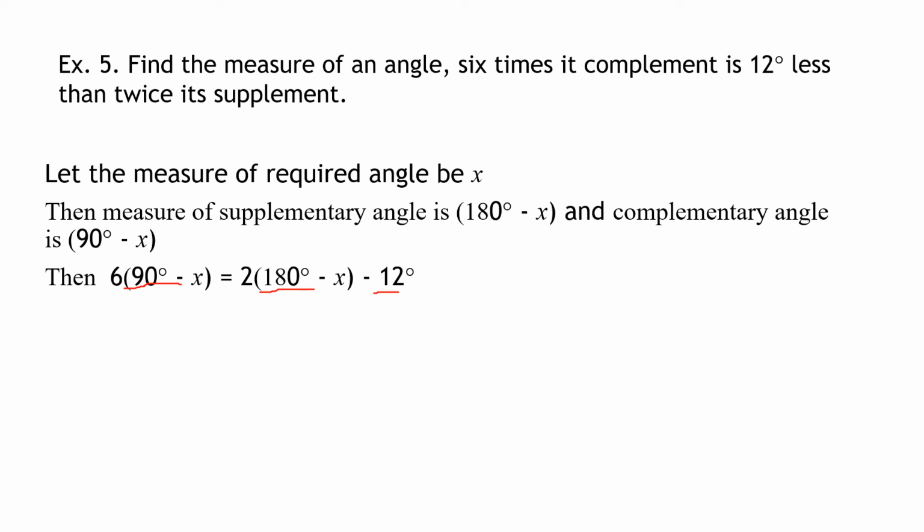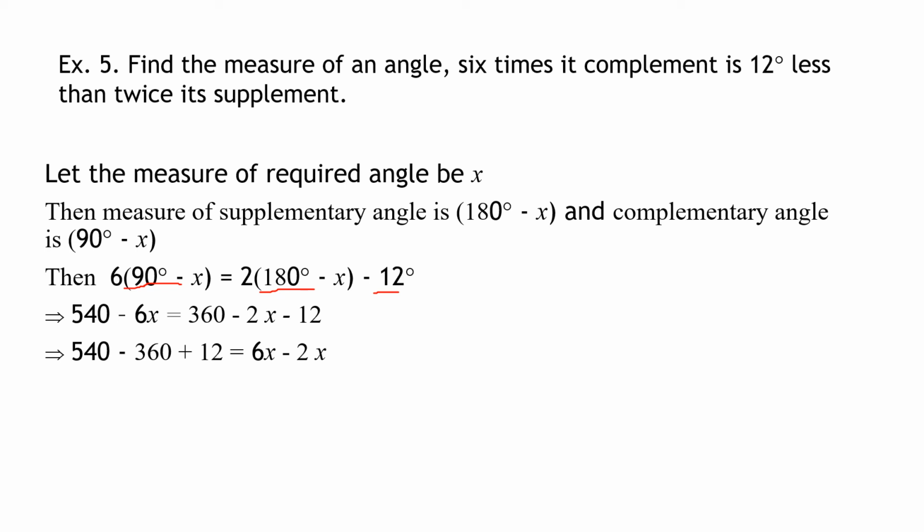So now let us open the brackets. 6 into 90 is 540, 6 into minus x is minus 6x, 2 into 180 is 360, 2 into minus x is minus 2x minus 12. Now let us rearrange it. So the 360 moves to this side.